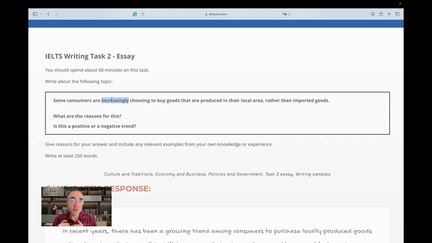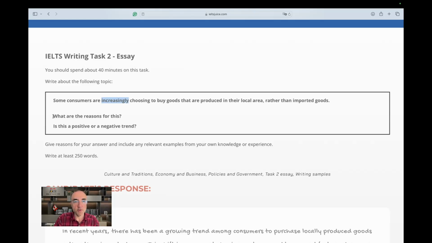So this year was more than the previous year. Previous year was more than the year before that. I want you to see these little elements here because they will affect how you approach this topic.